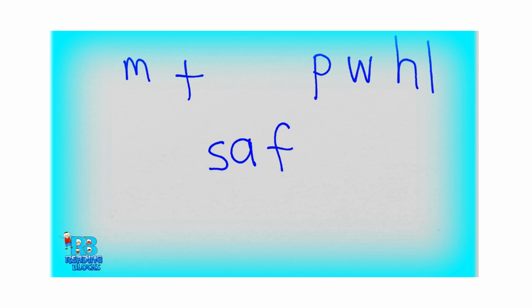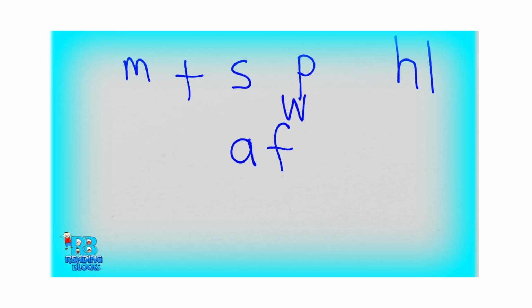Very good. Let's take away our s and bring down our p. And now we have p-af. Very good. Let's take away our p and bring down our w. And we have w-af, waff.